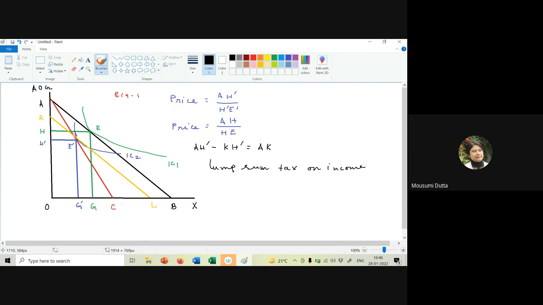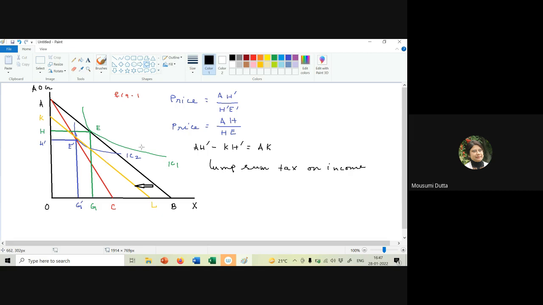Now, if you look at this diagram, and if I consider that after the lump sum tax, everybody's income parallelly moves back to KL from AB, it is shifting in the backward direction. The income line is shifting in this direction, so everybody's income has fallen.